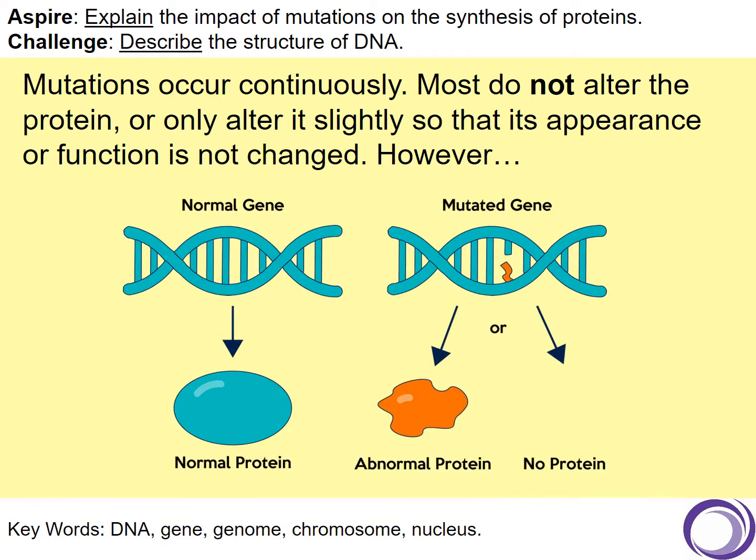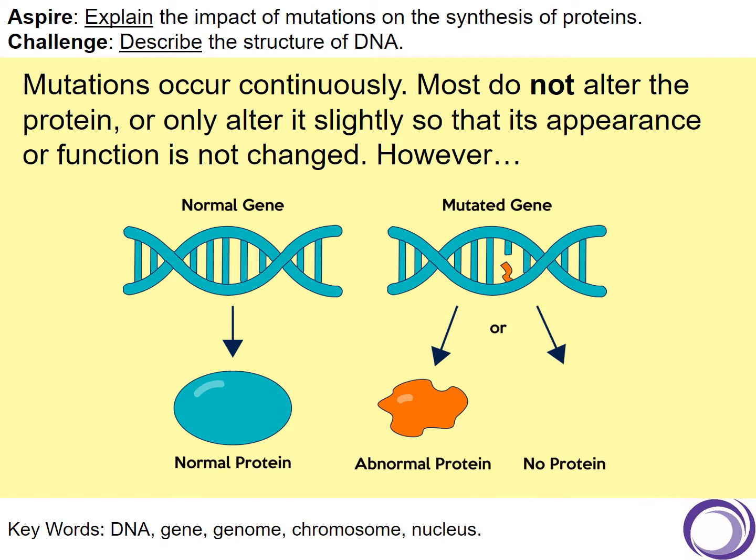Now what happens is a normal gene copies itself, the proteins are synthesized in the ribosomes, and a normal protein is made. But if for some reason some of the bases in that gene are mutated, an abnormal protein can be made or no protein at all can be made.